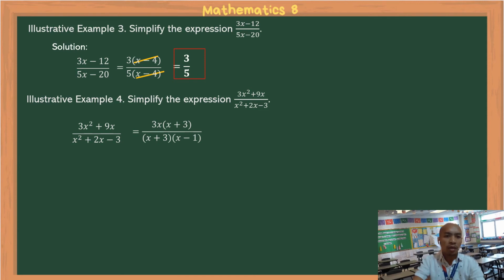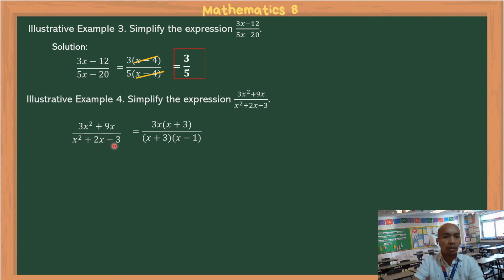These are the possible factors of the constant, which is -3. Now, how do we know that these are the factors that we are going to use? We will factor the -3 such that if we add the factors, their sum must be equal to the coefficient of the middle term, which is +2.